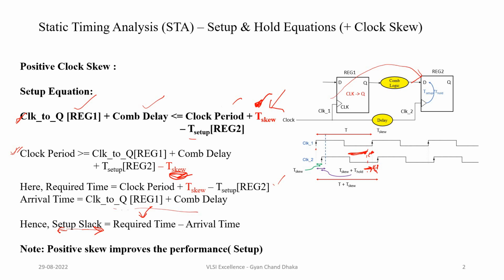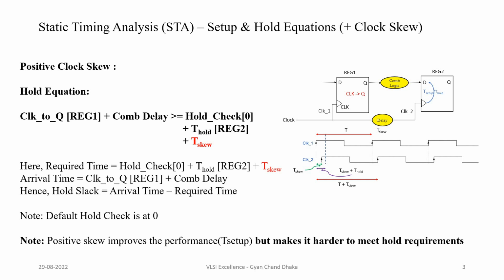As I said, since the required clock period with positive clock skew has decreased by t skew time, our design can work at a higher clock frequency. What we can conclude is that positive skew improves the performance. It basically improves our setup slack. So hope this is clear.